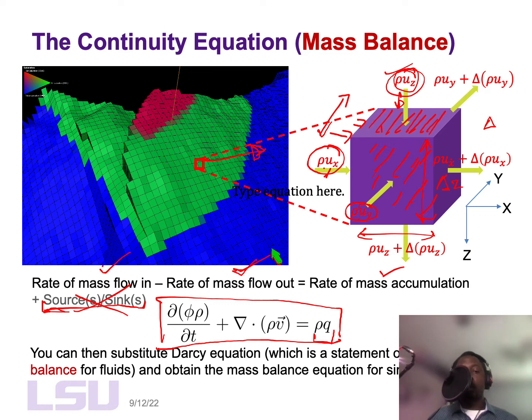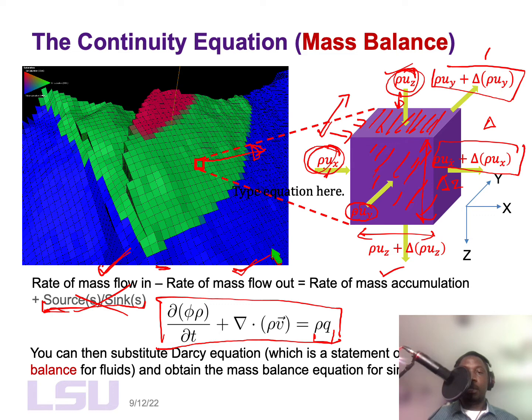I already talked about the rate of mass flow in. It's these terms multiplied by their corresponding areas, all added up. Then you will take out the rate of mass flow out, which will be these three terms, each multiplied by the corresponding area of that face, plus what is coming out on this other face multiplied by the area of that face.